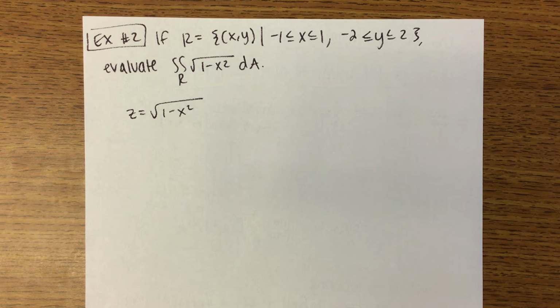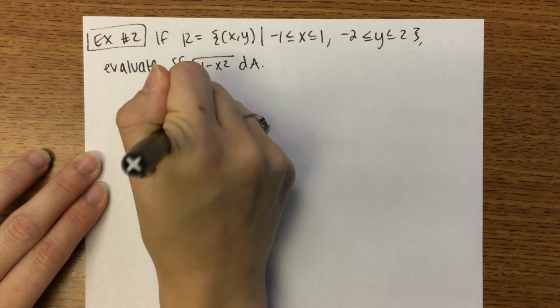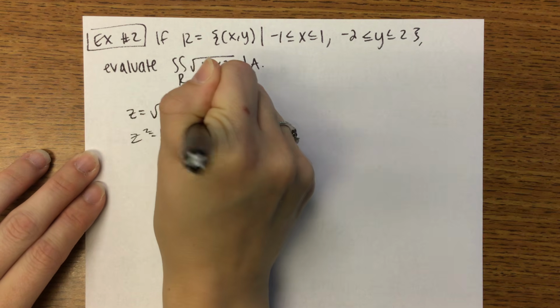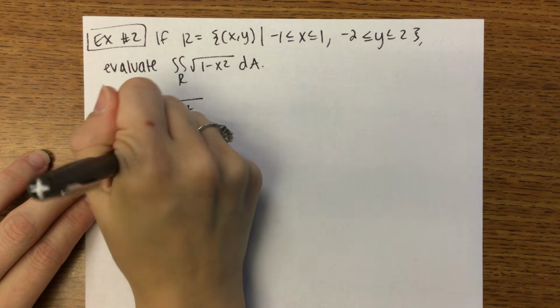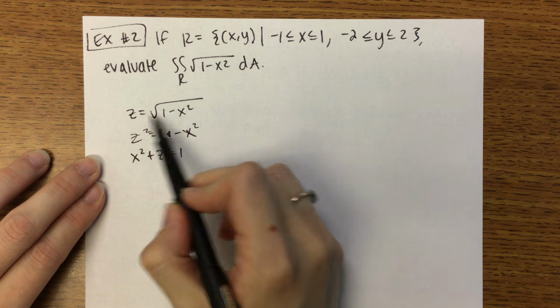What is that surface? Half of a cylinder. If you square everything, you get z squared equals 1 minus x squared. So then x squared plus z squared equals 1, except that z is only the positive half.